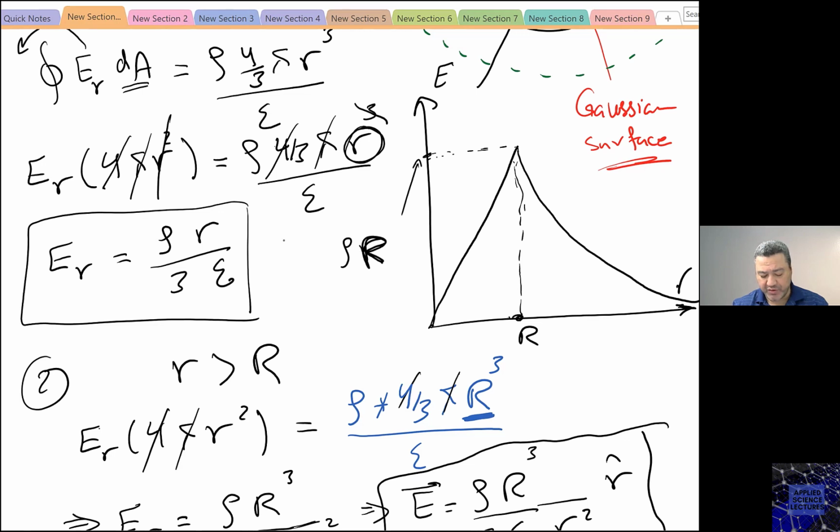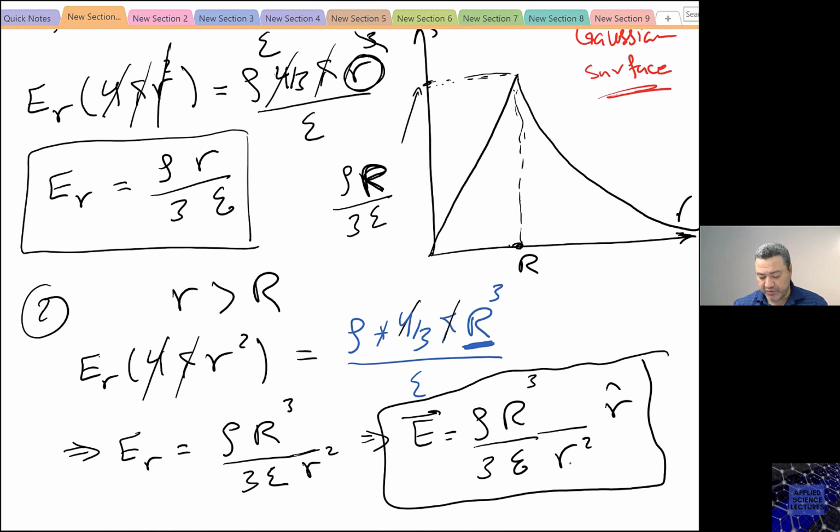It happens when little r equals capital R. So this is the electric field right here, and this is where the electric field becomes maximum. If you substitute this small letter r with capital R to calculate the electric field, you will get the same value as here.